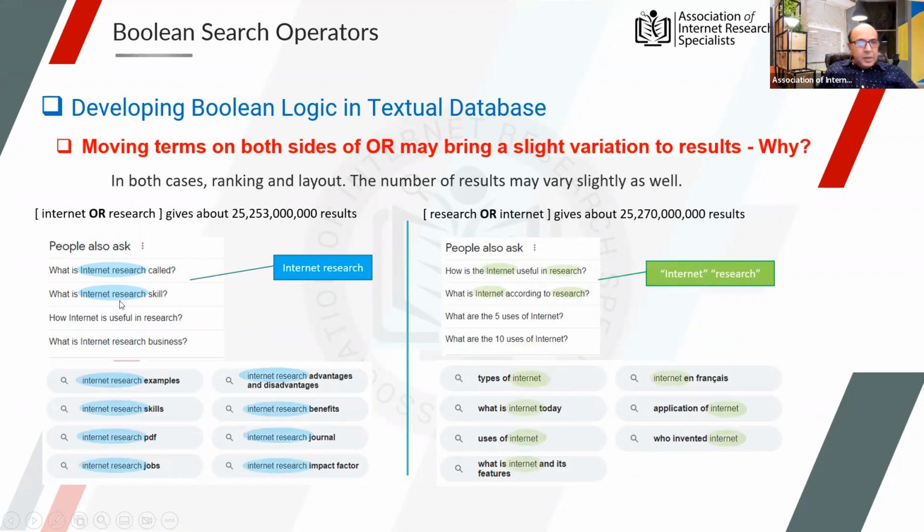Now, on the left, where I have used internet first, you could see that internet research gets combined. You find results that show more instances of these two coming together. This is an example of what gets returned. You don't have to go through the entire snippet set, but in some of the results that show up, like People Also Ask and related searches, you can discover that more of the combination of these two words are setting in.